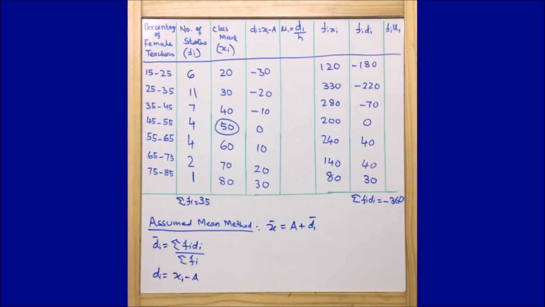And the next thing is we need to take the summation of fi. Summation of fi is 35. Therefore, mean deviation is equal to minus 360 by 35, because we got summation of fi di as minus 360 and summation of fi is 35.